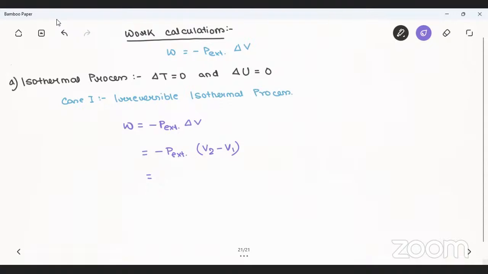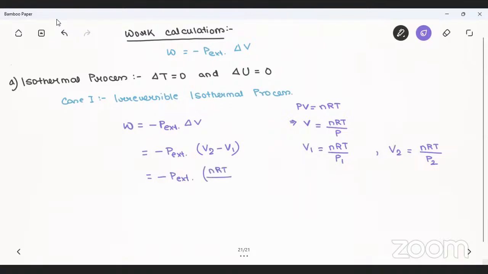Because for an ideal gas, PV is equal to nRT. So what is the value of V? nRT by P. Can we write it like this? Yes, because it is an ideal gas and we already know this. So V1 will be nRT by P1 and V2 will be nRT by P2. So substituting this value, what can I write?